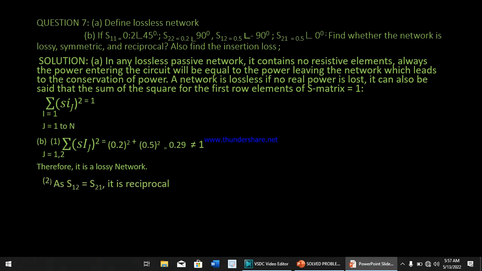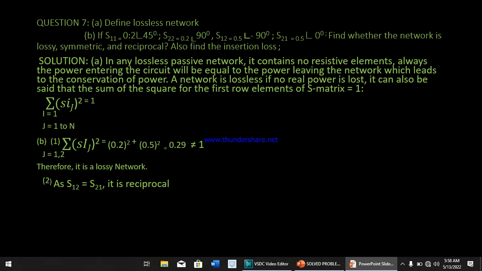In the second aspect, we want to know whether the network is reciprocal or not. As we have from the properties of the scattering matrix, a network is reciprocal if Sij is equal to Sji, that is, the input and the output interchange should give you the same value.